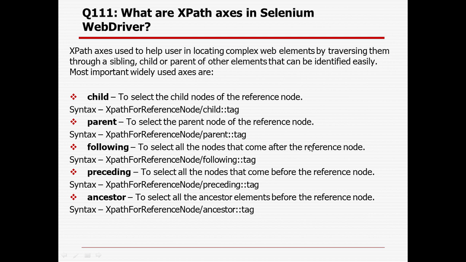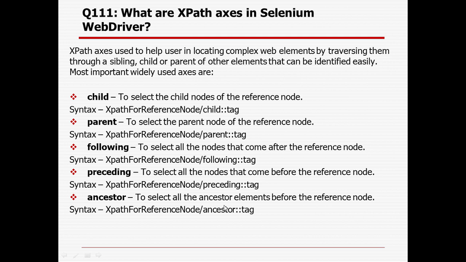Suppose you have identified a particular node, then all the nodes coming after that node can be reached by creating the XPath for following: reference node, then following, then tag. Preceding: selects all the nodes that come before the reference node. Ancestor: selects all the ancestor elements before the reference node.